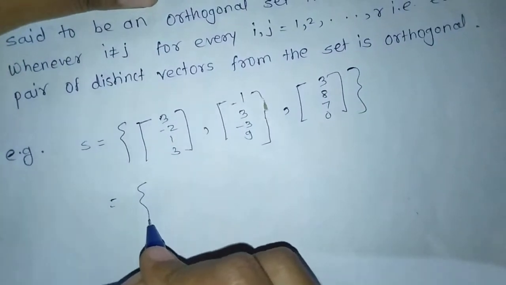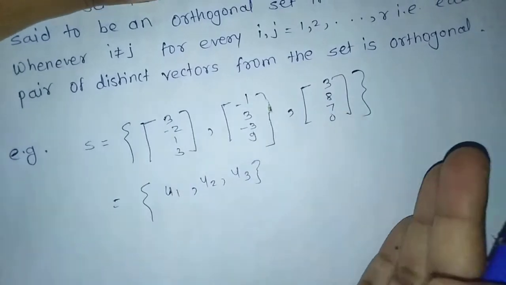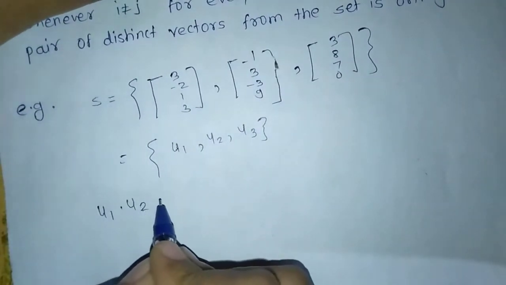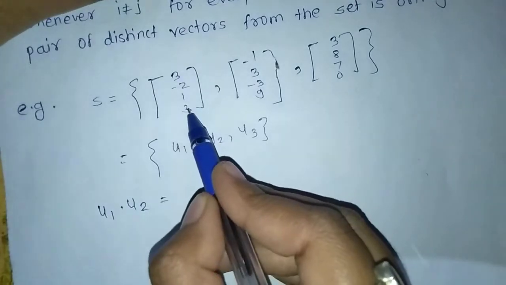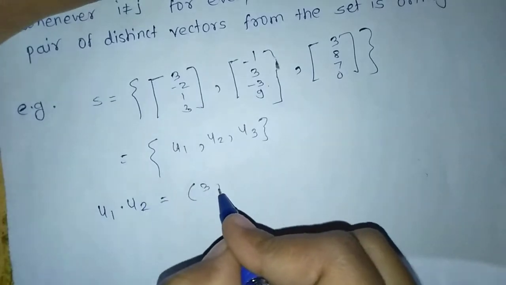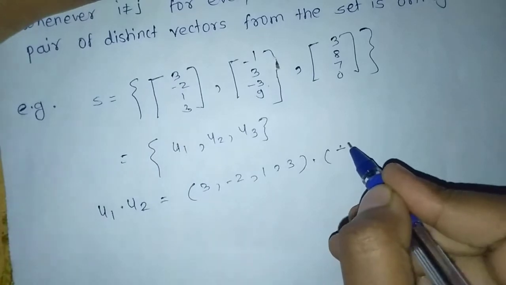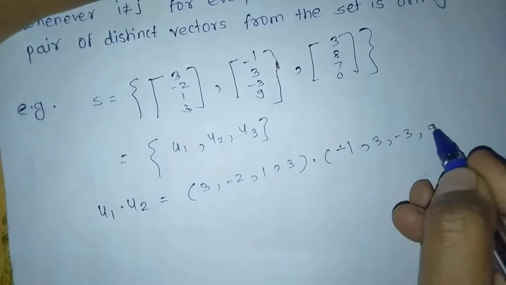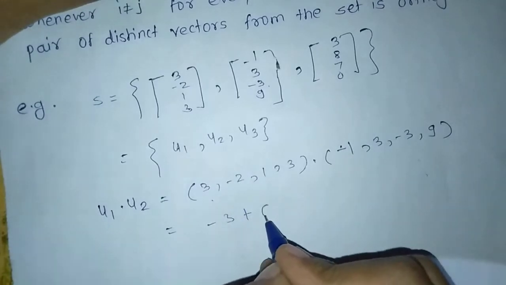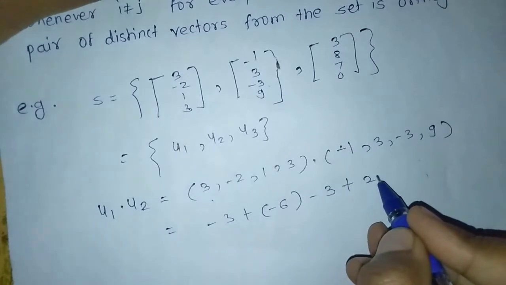Now let u1, u2, u3 be these three vectors respectively. First calculate u1 dot u2. u1 is (3, -2, 1, 3) and u2 is (-1, 3, -3, 9), equal to -3 plus -6 minus 3 plus 27.